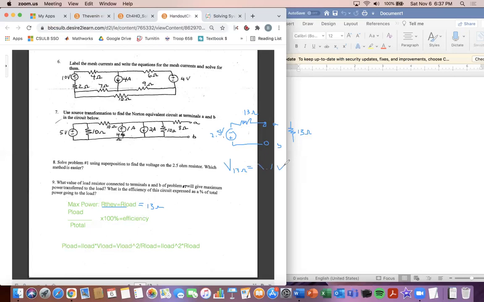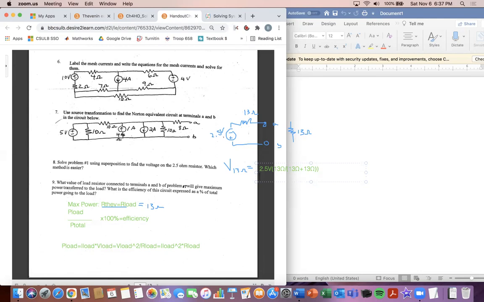And then if you guys recall, it's going to be the resistor you're interested in, which is the 13 ohm R load, divided by the resistor you're interested in plus the rest of the resistance in the circuit, which is 13. And so when we solve this equation, 13 divided by 26 is 1/2, so 2.5 divided by 2.